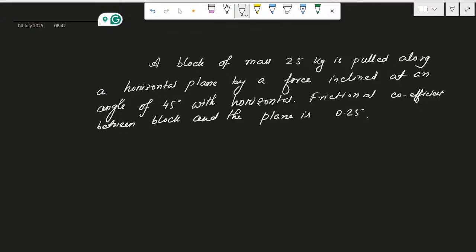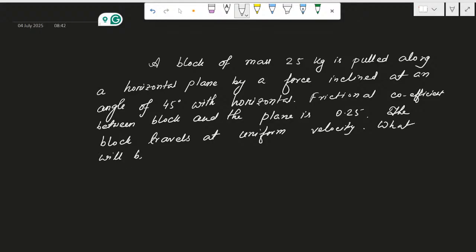The block travels at uniform velocity. What will be the work done to displace the block?